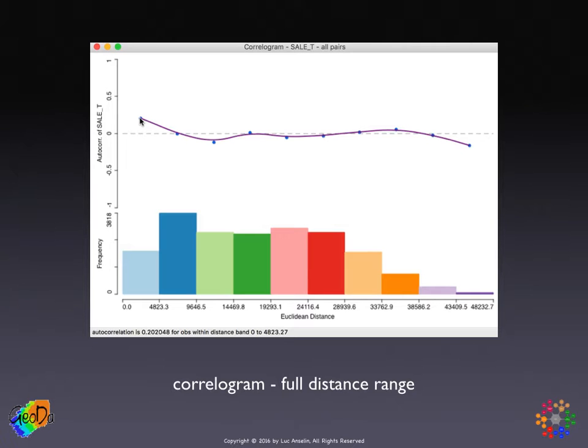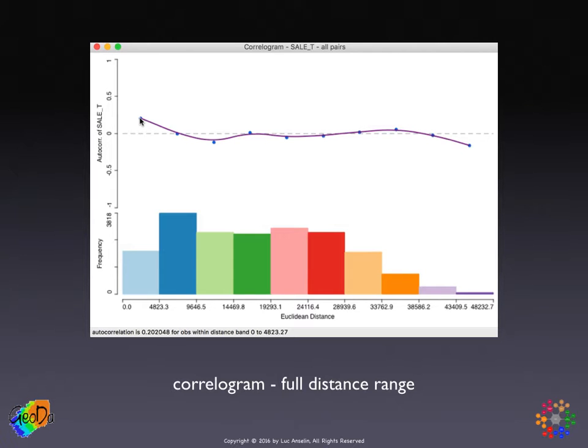In GeoDa, you can hover over each of these dots and find out what the spatial autocorrelation is. The bars represent how many pairs of observations are present in the bin, and we want to look out for bins that have too few observations. This is not a problem here.